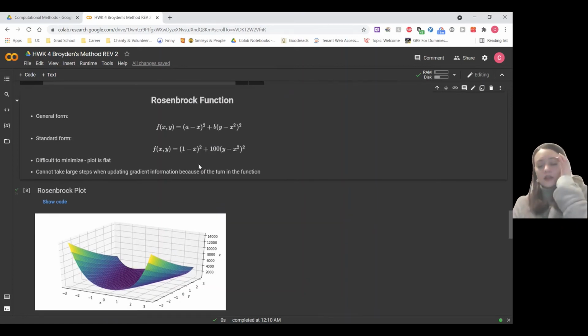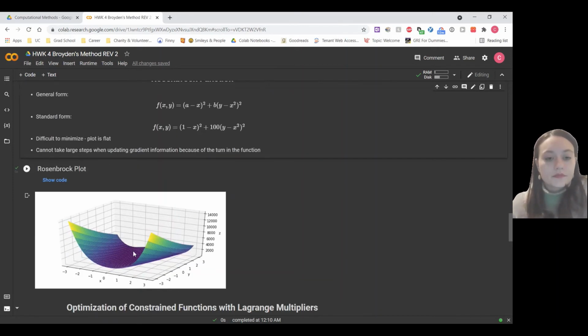So when looking at the Rosenbrock function, we're going to need to use a more advanced method such as Broyden's method. We can't use, for example, Newton's method for finding the minimum of this function. Or another way to put that, we can't find where the derivative is equal to 0 very easily for this function because it's very flat, as we can see in the plot.